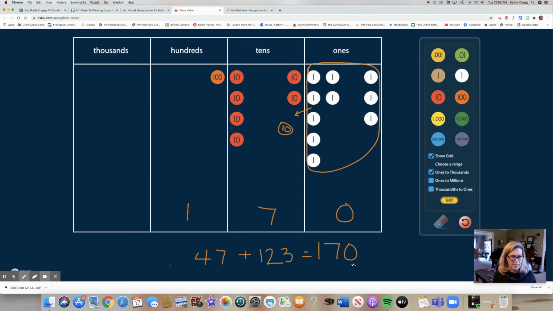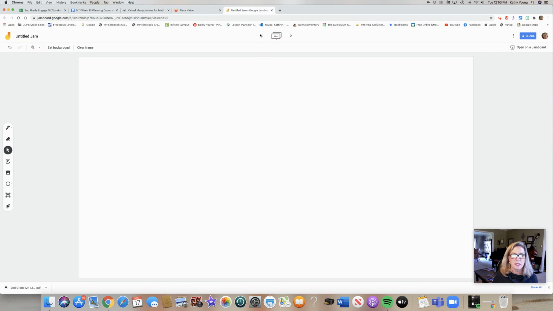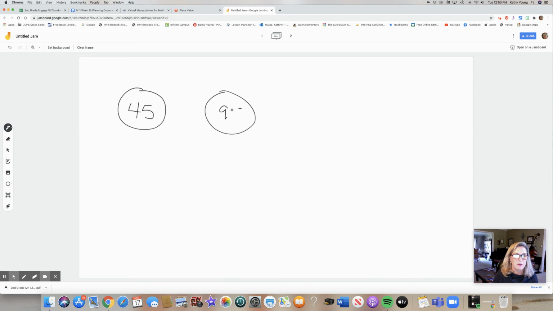Now flip over to the next page. On number 3, an addition sentence just means write the math problem. So it says write an addition sentence that corresponds to the following number bond. So if you have a number bond that has a 45 and a 95, what are you doing with 45 and 95?